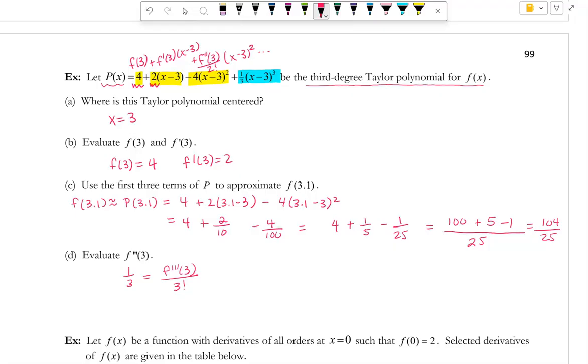So really, I could multiply 1/3 by 3 factorial. And that would just give me 2.